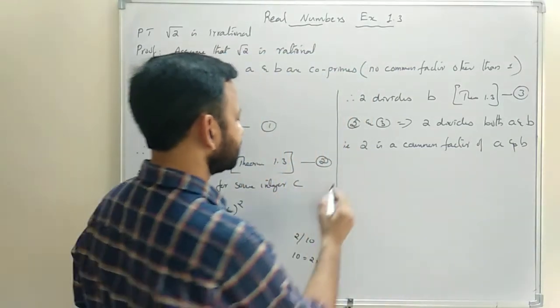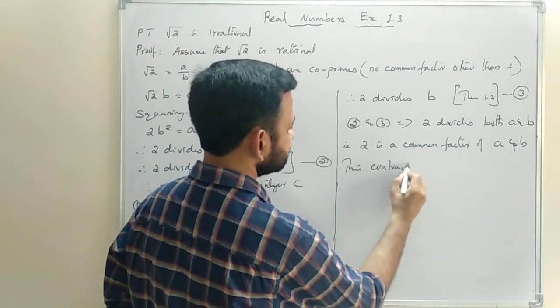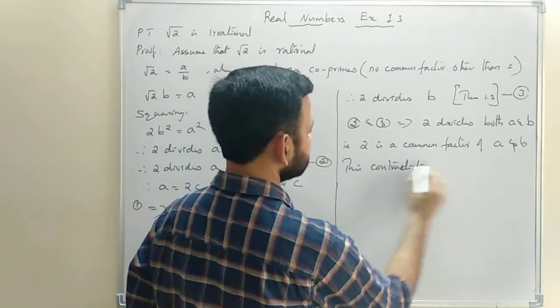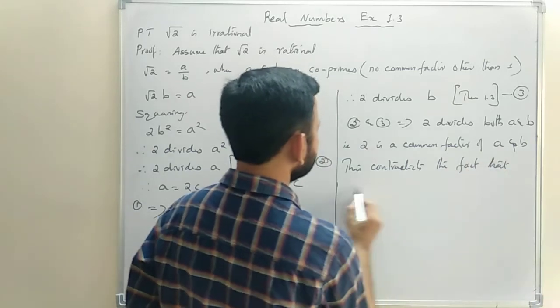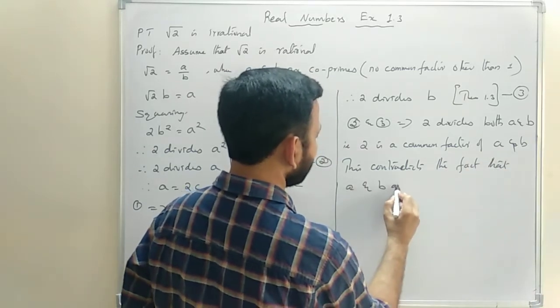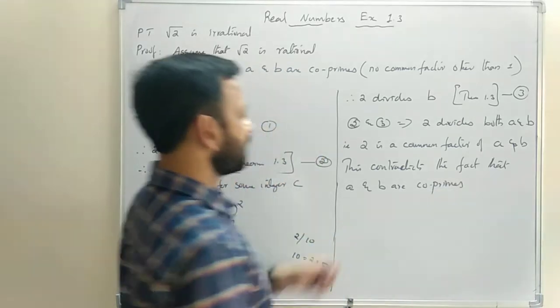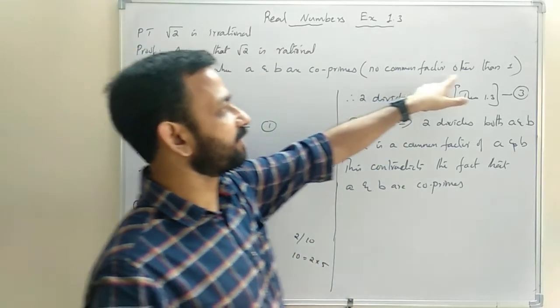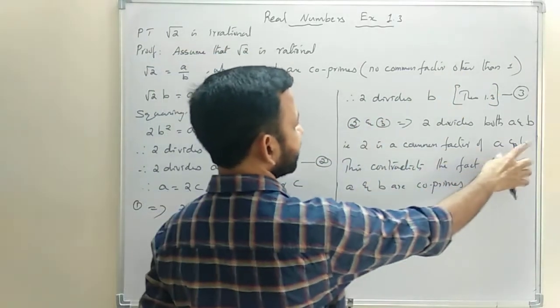This contradicts the fact that a and b are co-primes, which means they have only one common factor, that is 1. But here we got 2 is a common factor of a and b.